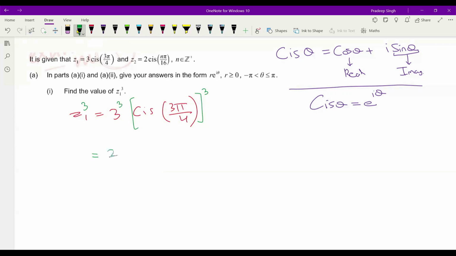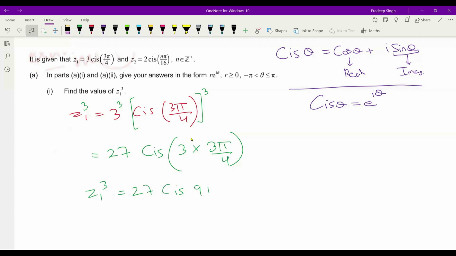Now, 3 cube is 27. Now, according to the De Moivre's theorem, remember, whenever a cis function is raised to any power, the power gets multiplied with this argument. So we will write cis of the power 3 multiplied by the argument 3 pi by 4. So our z1 cube becomes 27 cis 9 pi by 4.